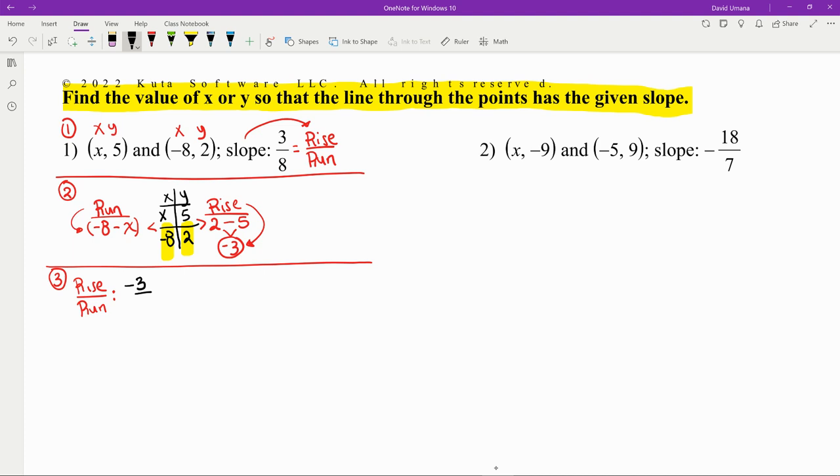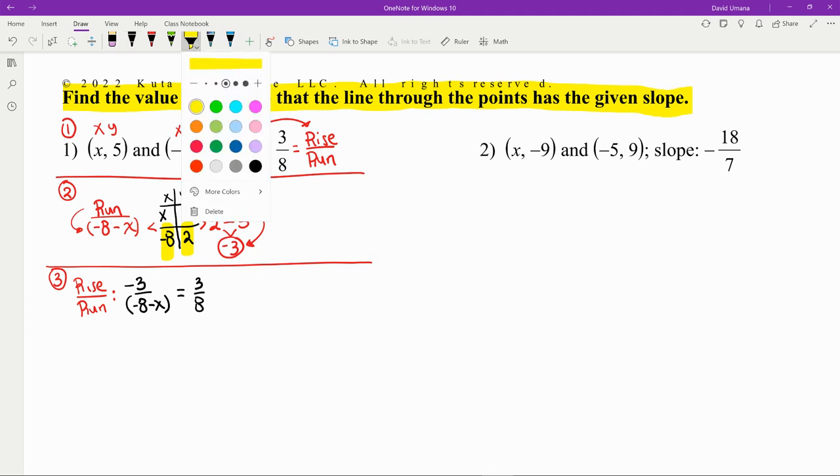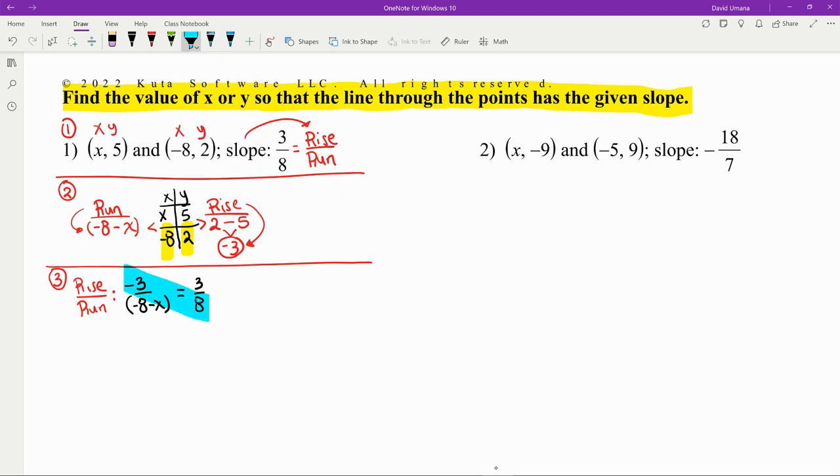Rise is negative 3. The run is negative 8 minus x. Put that equal to the rise and run up here. So that becomes a 3 over 8. And at this point, what I'll do is cross multiply these values.